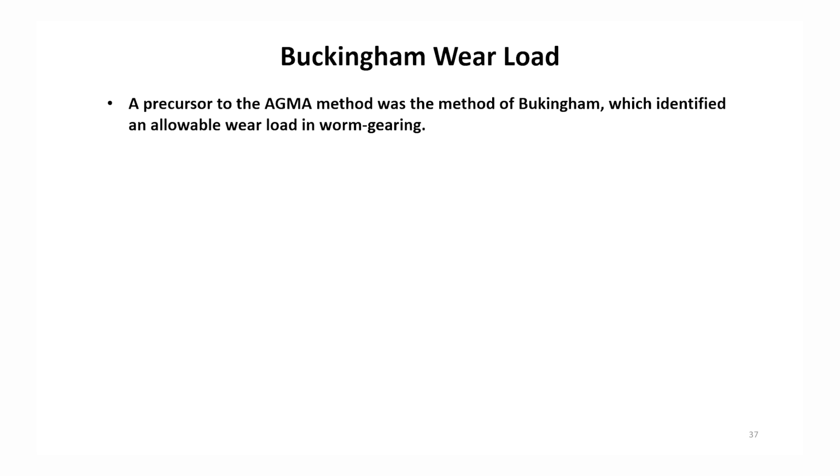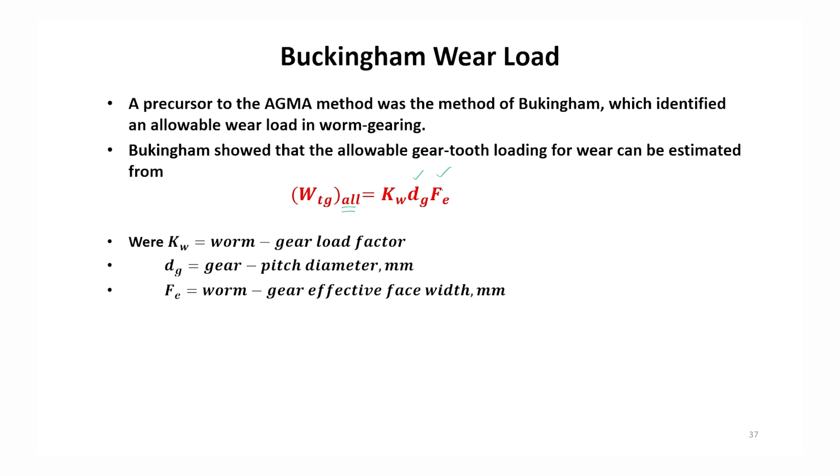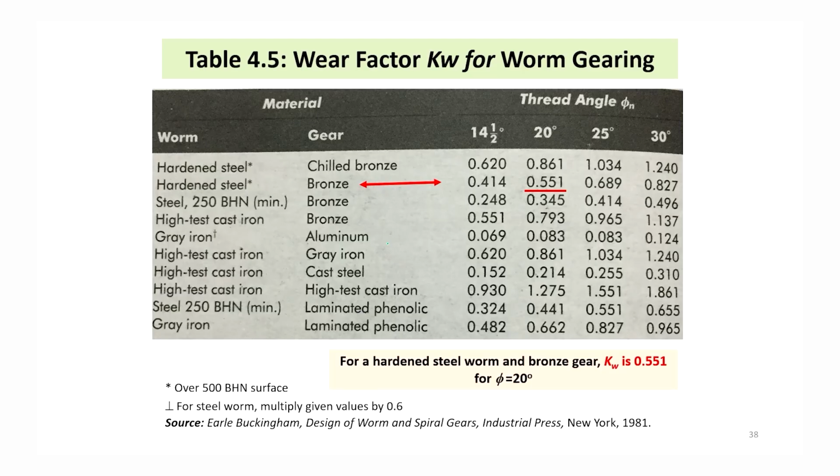Now, for the case of wear analysis, again Buckingham gave the wear load, and the wear load is given by W_T, the tangential load on the gear allowable, is equal to K_w, pitch circle diameter of the gear multiplied by face width of the gear, where K_w is the worm gear load factor, and this worm gear load factor K_w can be determined from this table based on the material of the worm and the material of the gear.